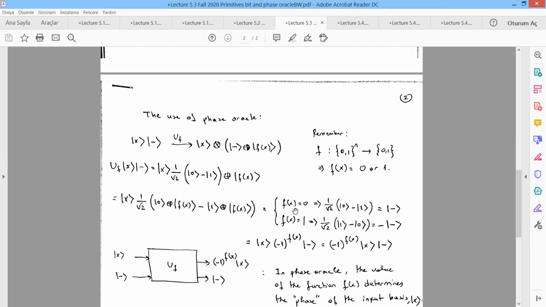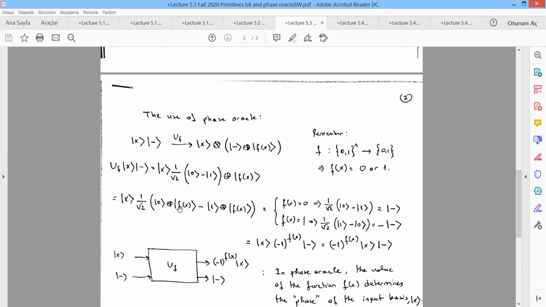So again, f(x) can have two values, right? f(x) can be 0 or 1 because this is a mapping from an n-bit string to a single bit. So if f(x) equals 0, over here, this is just |0⟩ minus |1⟩, right?